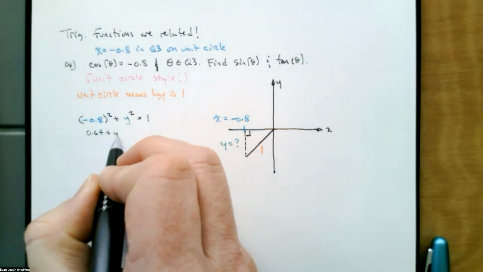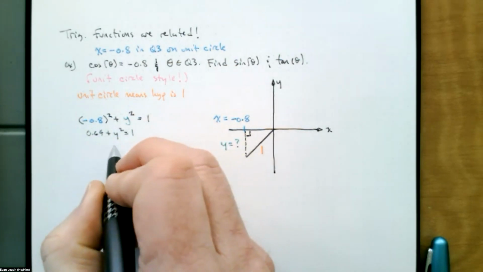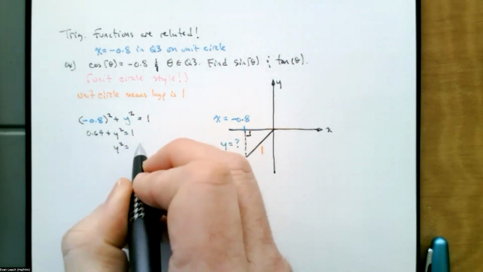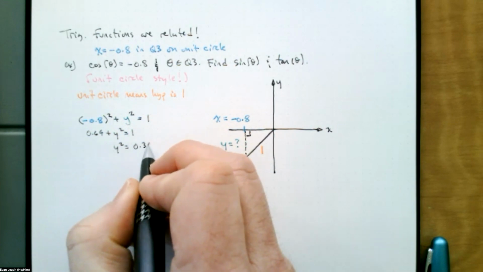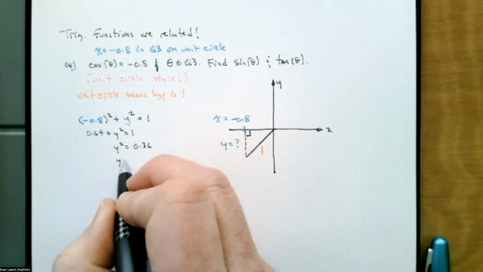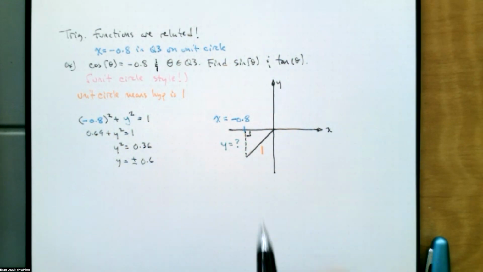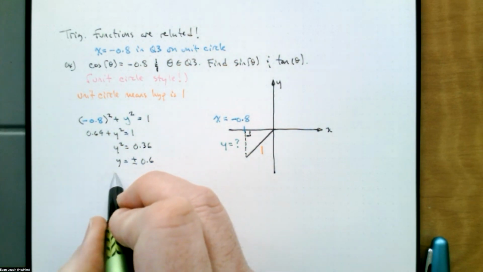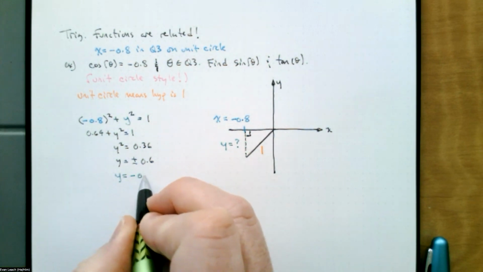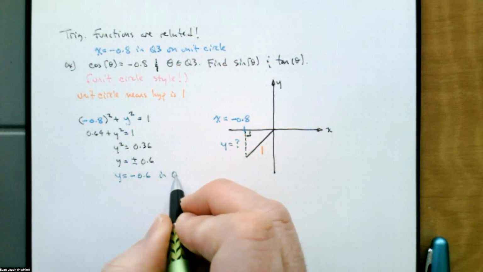Then we could just solve this, and this is going to look familiar. 0.64 plus y squared is equal to 1. So y squared is equal to 1 minus 0.64, or 0.36. And so y is equal to plus or minus 0.6. Since we're in the third quadrant, y is negative 0.6.